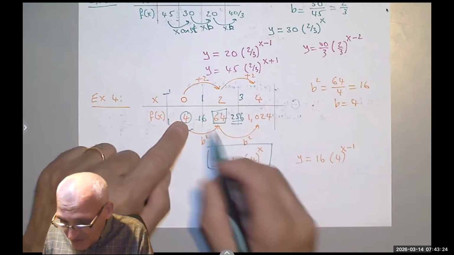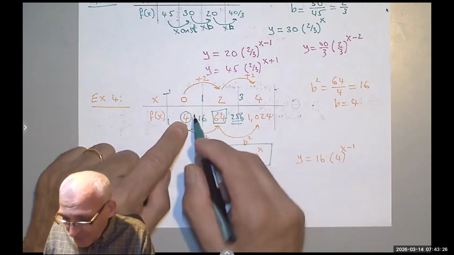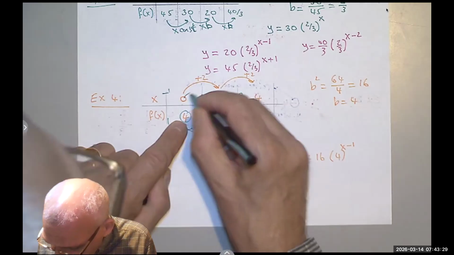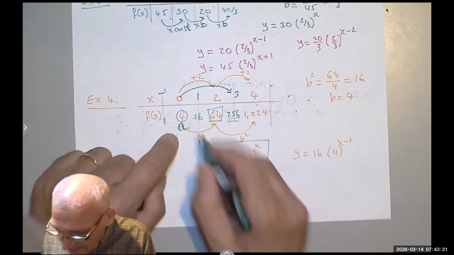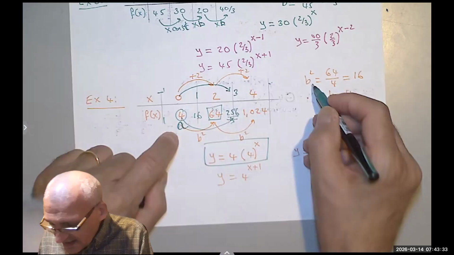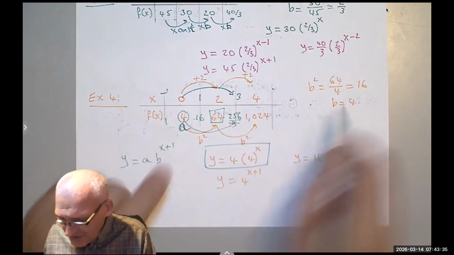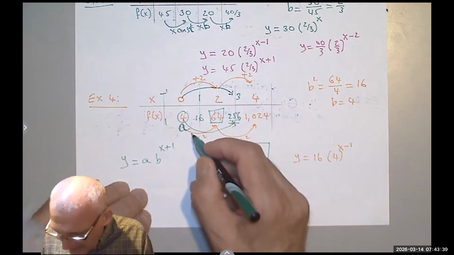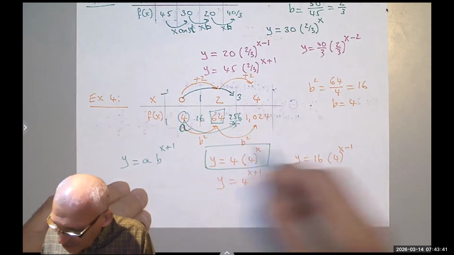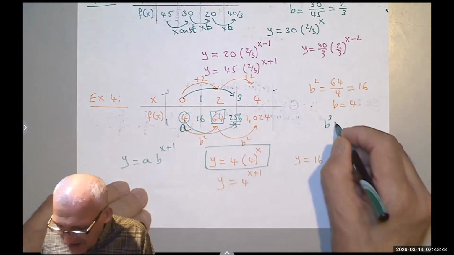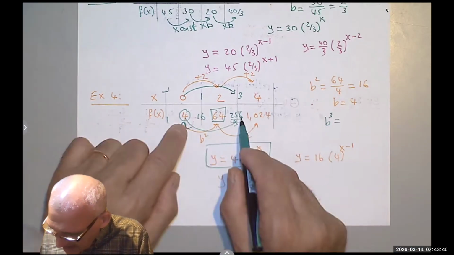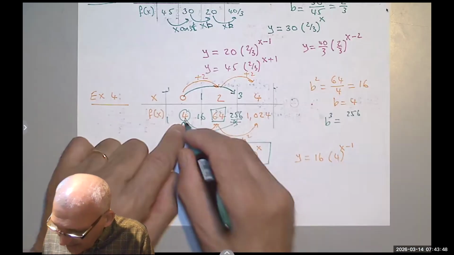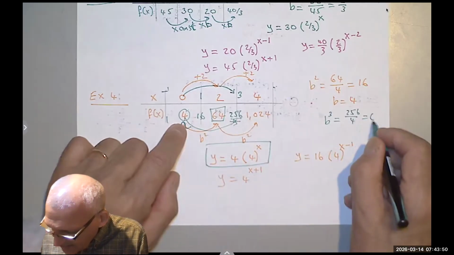And if they give you 0 and 3, so for example, suppose we only give you 0 and 3, and then at 6, and so on and so forth, you would say, okay, I added 3, meaning I have to multiply by b 3 times, so b cubed equals 256 divided by 4, which is 64.